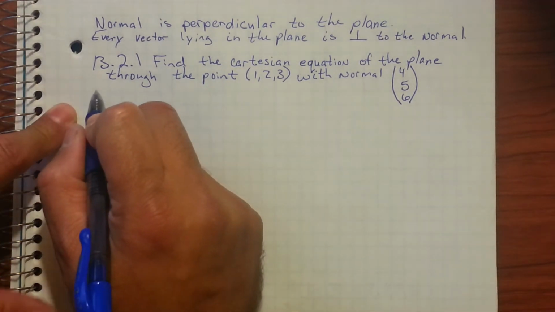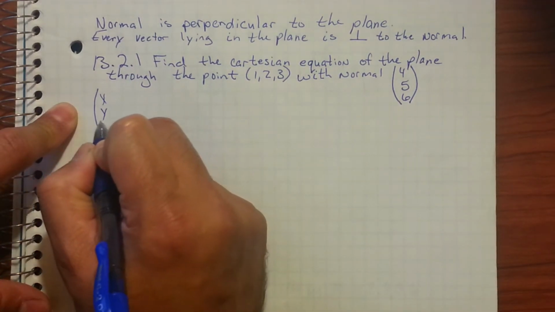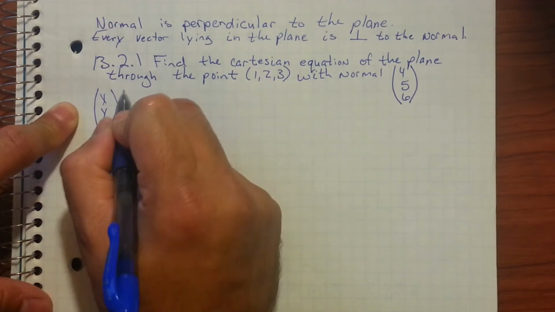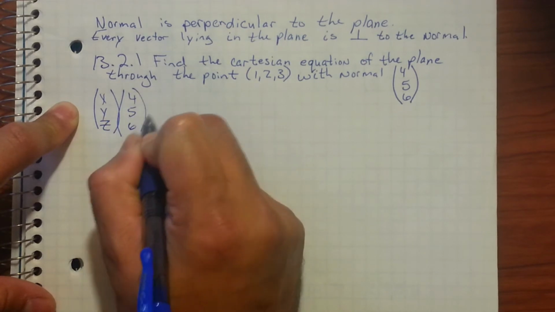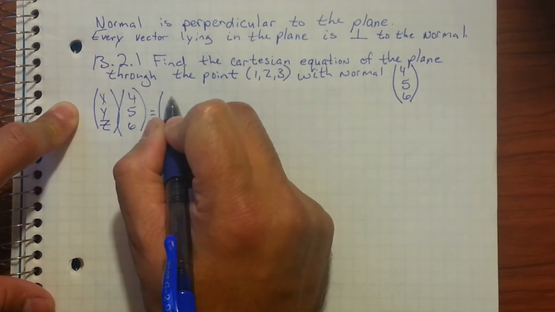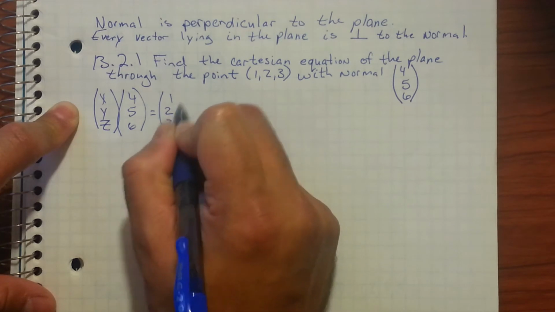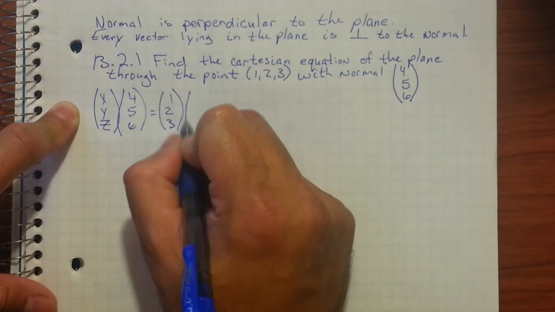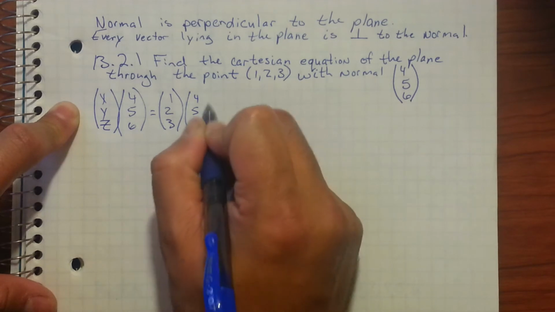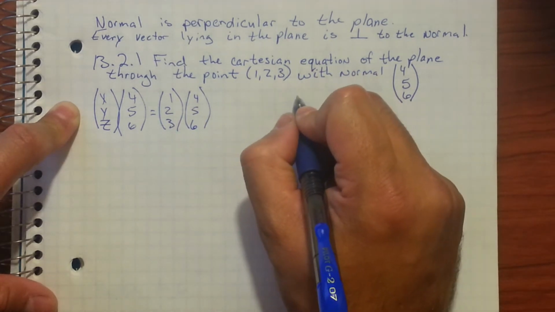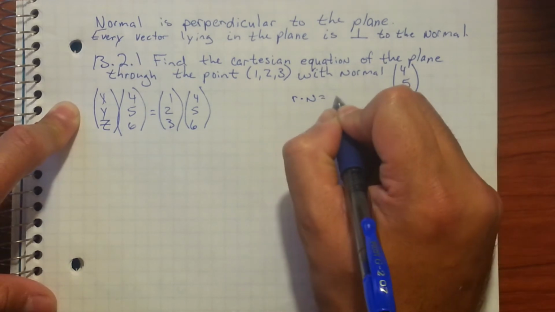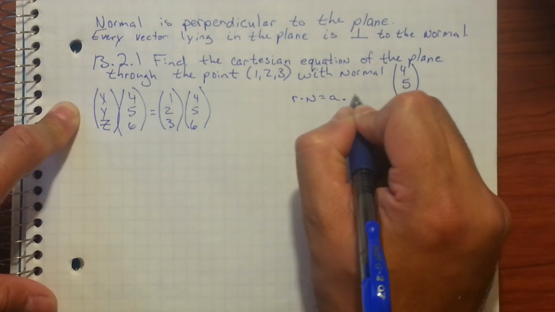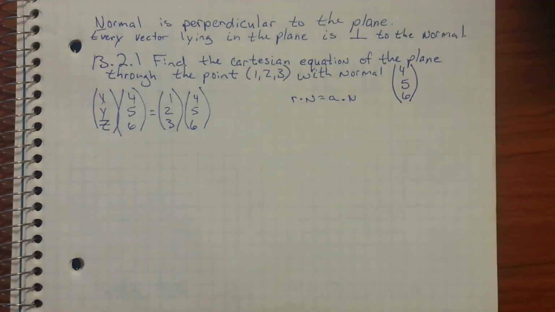Start with (x, y, z) times (4, 5, 6) is equal to (1, 2, 3) times (4, 5, 6). It should be r times n is equal to a times n, so times my normal for each one.